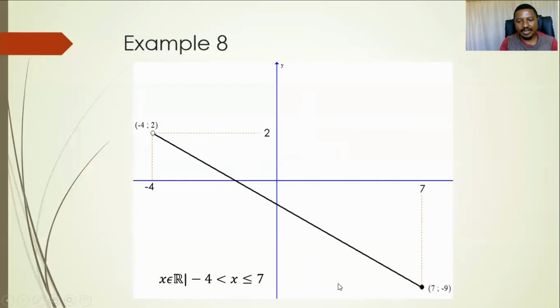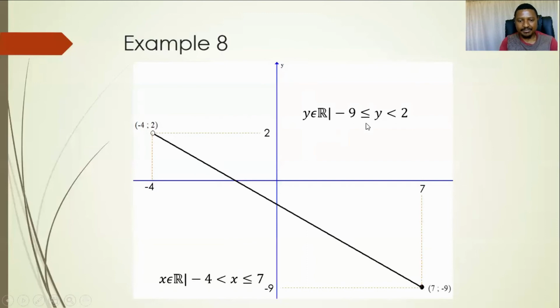Again, if we draw another horizontal line to the y-axis there, we have the corresponding y coordinate there, which is -9. We can see now that the range for this function is between -9 and 2. And hence we can write the range for this function as follows: y is an element of real numbers such that y is greater than or equal to -9 and y is less than 2.